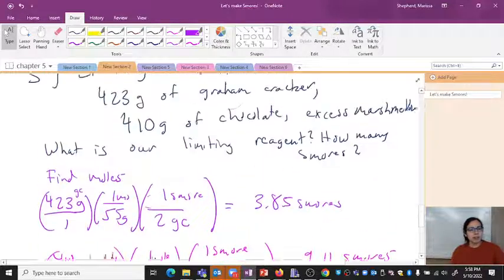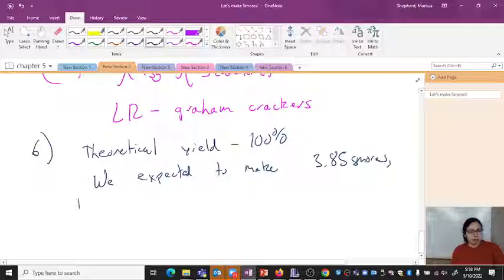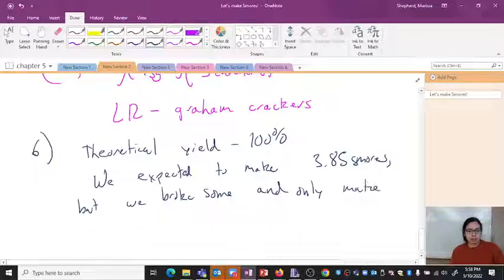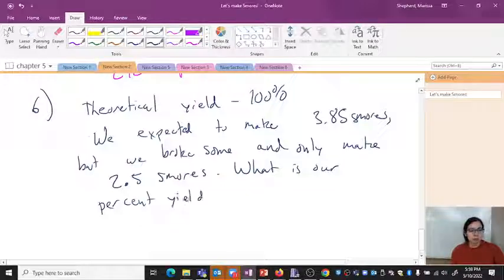We have this amount of everything, we should make 3.85 s'mores, but we broke some and only made, I don't know how, 2.5 s'mores, but that's fine. So we only made 2.5 s'mores. What is our percent yield?